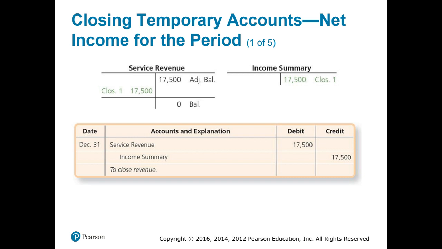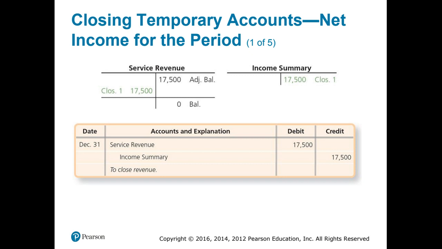This is our goal, to have a 0 balance. So we currently have $17,500 in our service revenue account. To zero this account out so that we can start fresh in the next year, we're going to have to do the opposite of whatever's going on. So in this case, we have a credit, so we're going to debit $17,500. That's going to zero out our service revenue account.